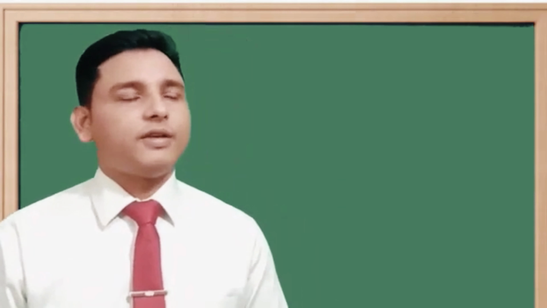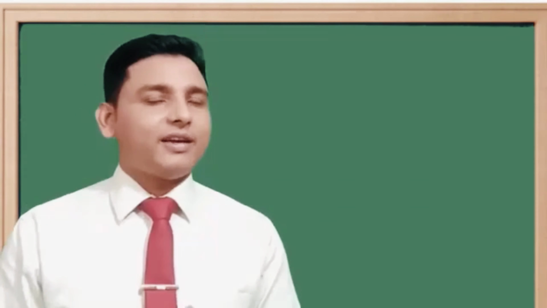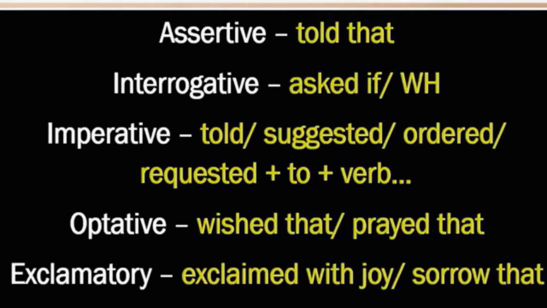Okay, these are the basic rules of narration. Now let's see some basic structures of sentences. Whenever you find an assertive sentence in the part of reported speech, it will accept the verb told that. Whenever you find an interrogative sentence in the part of reported speech, it will accept the verb asked, and later on we'll put if or a WH question.